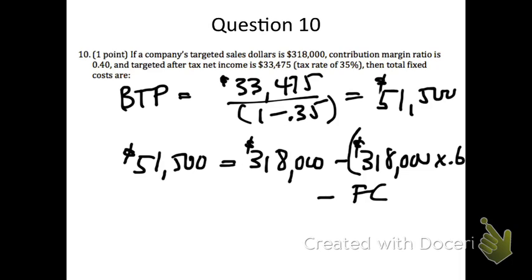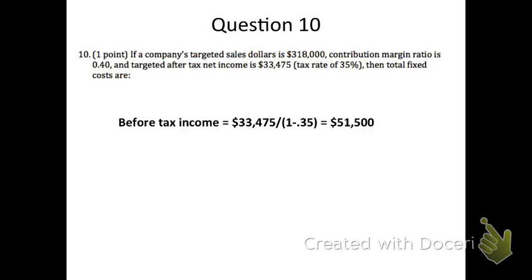The only thing we don't know is fixed cost. If I solve this equation for fixed cost, I should get fixed costs of 75,700. And that's the answer to that one. And again, here's the solution that you see on the slide.